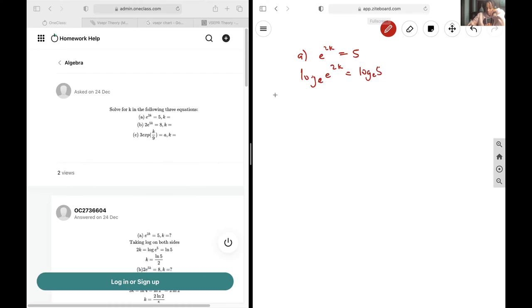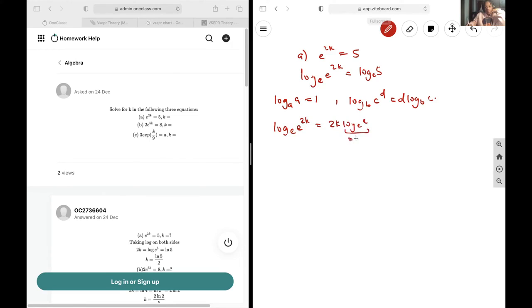We know that because of the property log a a is equal to 1, and log b c to the power of d is equal to d log b c. We'll have log e of e to the power of 2k is going to give us 2k log e.